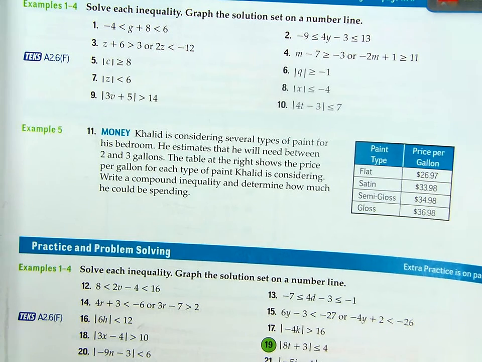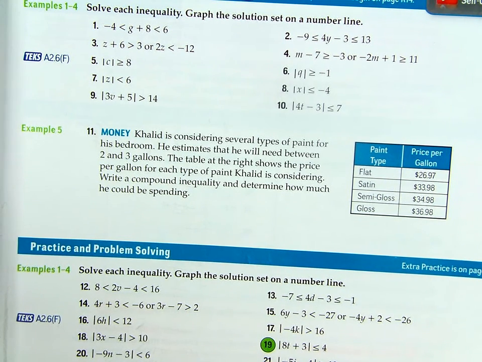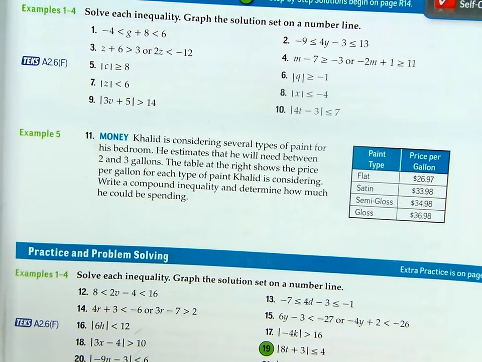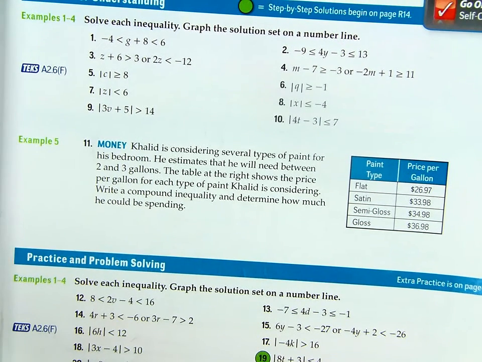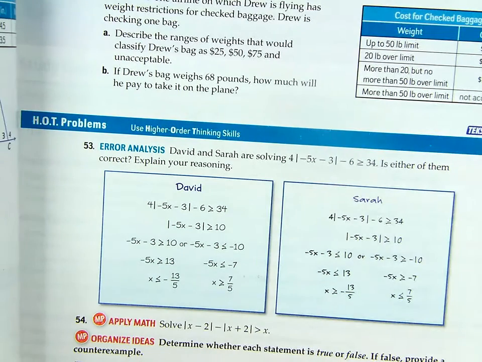Then we learned about and, or, unions and intersections. When you combine the both, that's a union. When you take what you have in common, it's an intersection.